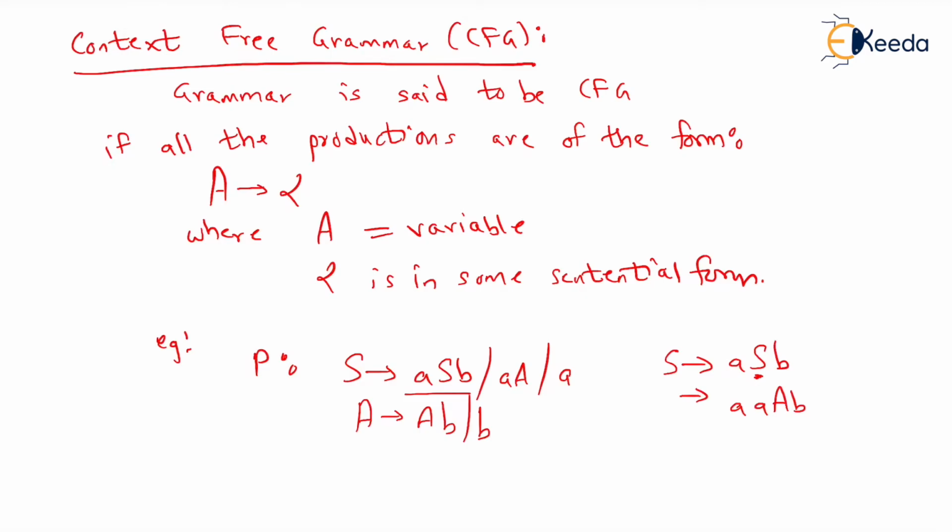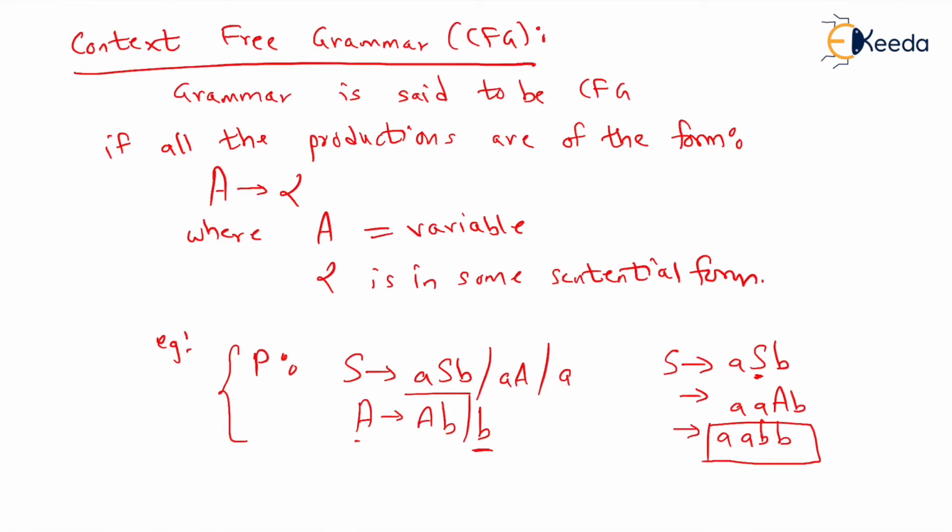So now the incomplete string I have is a, capital A, small b. Now capital A can further derive something, and for A also I have 2 combinations. So let us say A selects the combination A gives simply small b, and small b remains here. So can I say overall that my grammar, with these production rules, has finally derived the string a a b b? Yes.